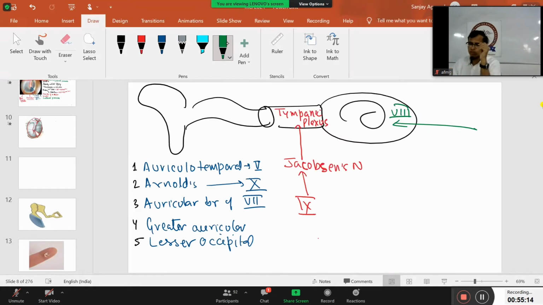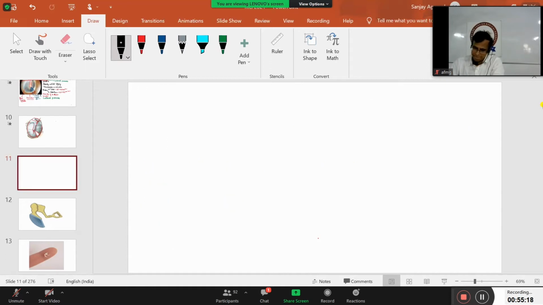So the first thing is, what is the shape of middle ear? Shape of middle ear is, it's like a matchbox. Middle ear is defined of a shape of a matchbox, or simply box.